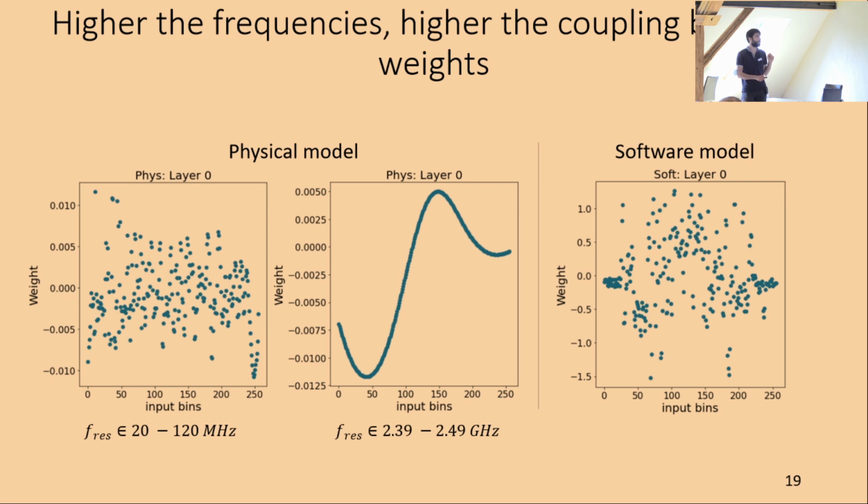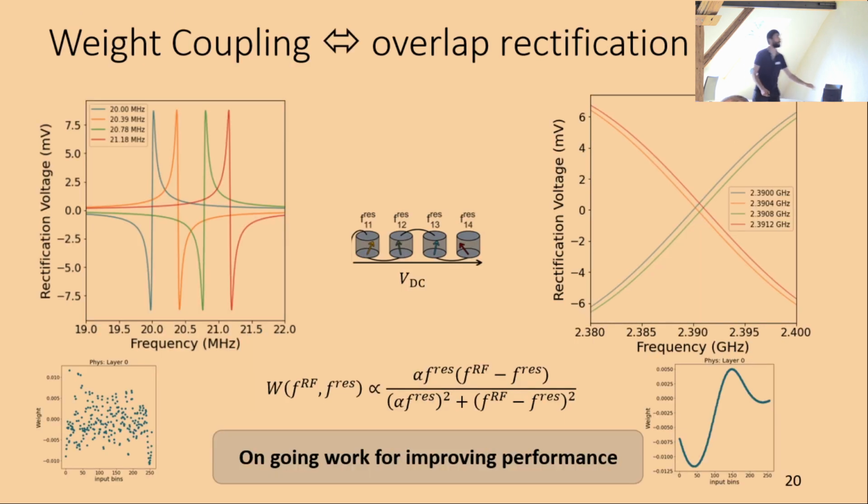However, in the case of the gigahertz range, what we can see is that there is a clear correlation between the weights. So we're still trying to explain why it occurred, but one clue is that when you consider the rectification function, what you have here is the line width.